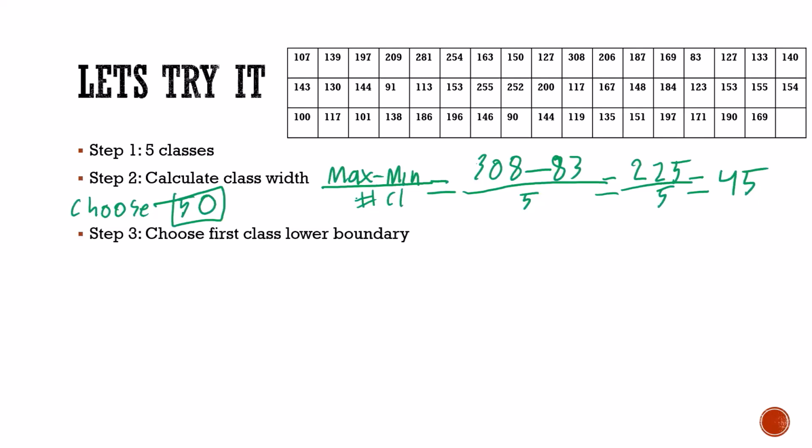We have to choose where our table starts. Now, again, we want to start around our minimum, but we cannot start greater than our minimum, right? Because that would leave data outside of our first class. So our minimum is 83.